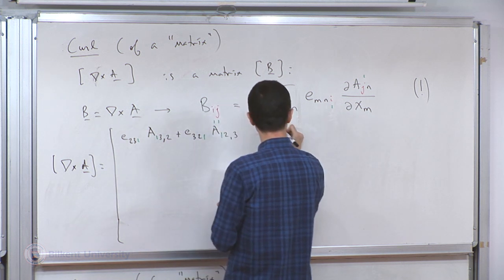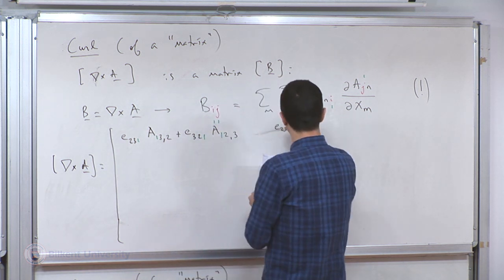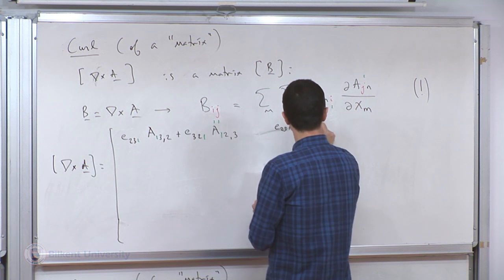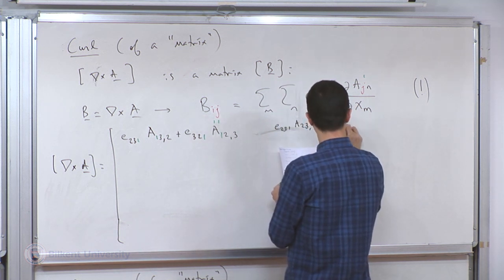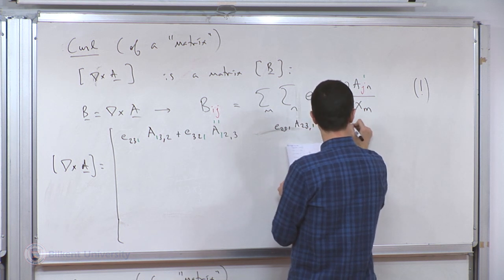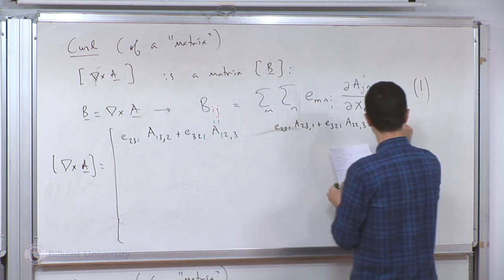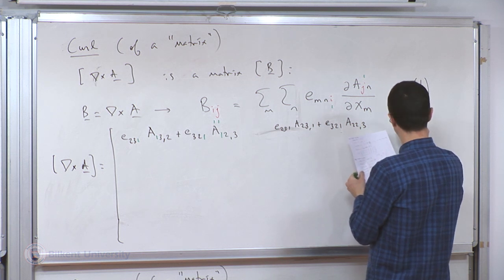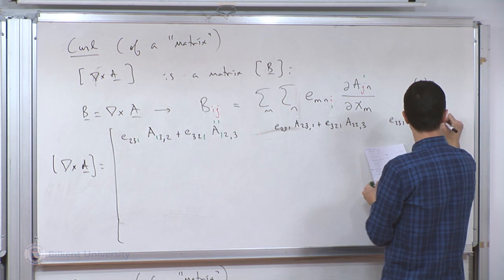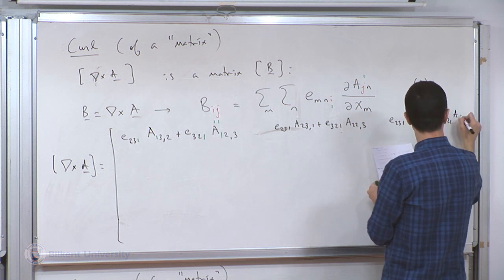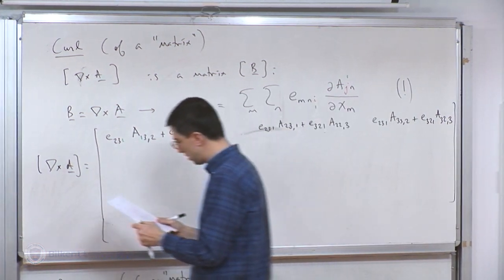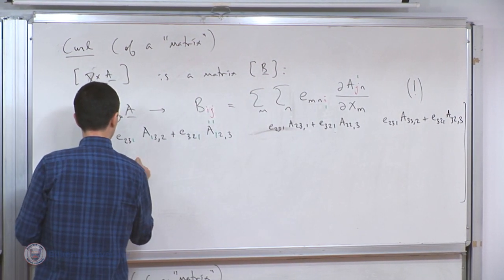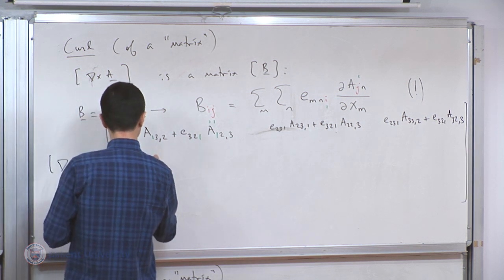We have time. So this is E 2, 3, 1. So it's 1, 3, 2.